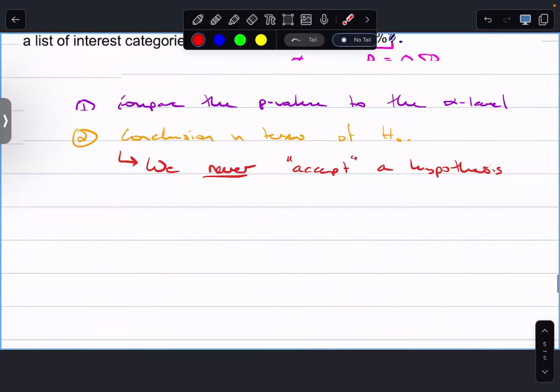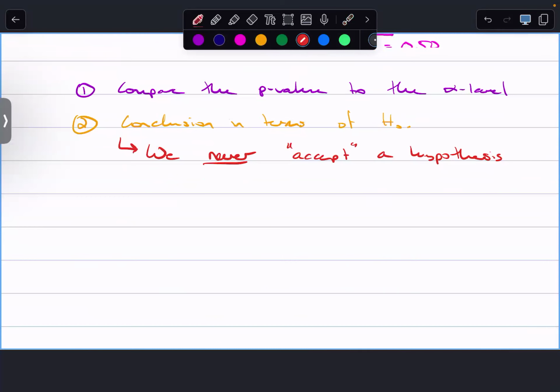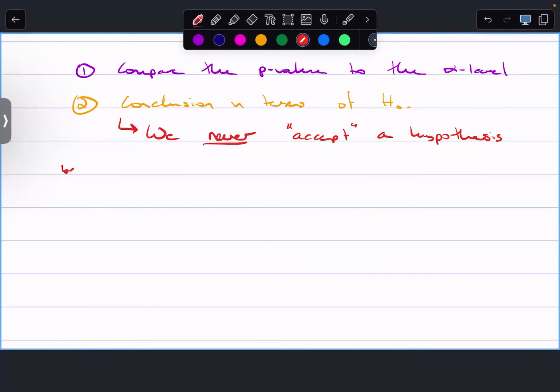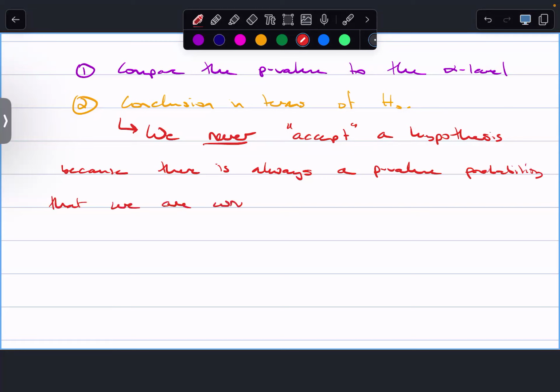So we never accept a hypothesis because there is always a p-value probability that we are wrong, especially if we're rejecting H naught.